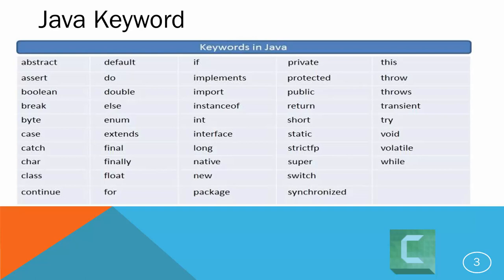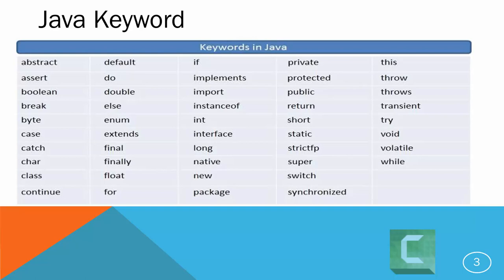Finally is used when you are handling the exception. Native is used when you are trying to access something which is written in native code. Super is used when you are trying to access something from your parent, used in inheritance. While is used when you are handling loop statements.